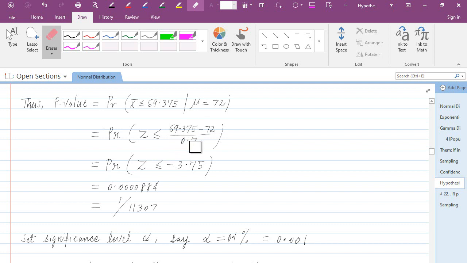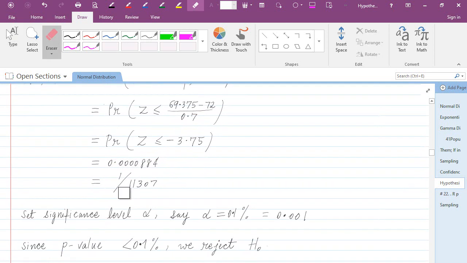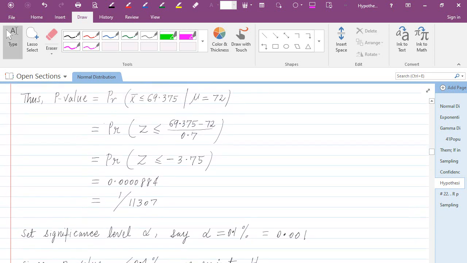If we simplify this, we get the probability that Z is less than negative 3.75, and that probability is equal to 0.0000884, which is about 1 over 11,307. So this p-value is very small, right?